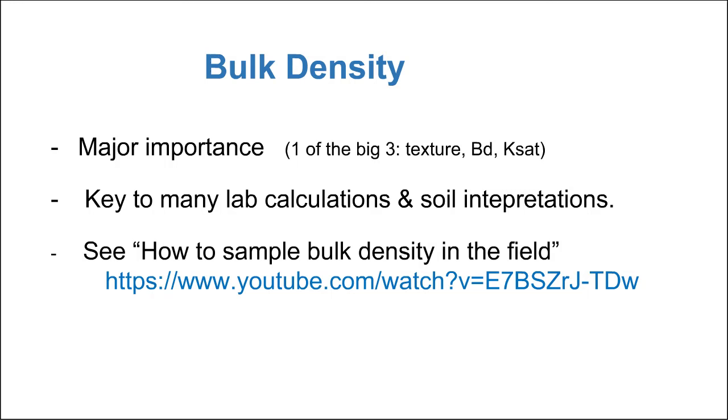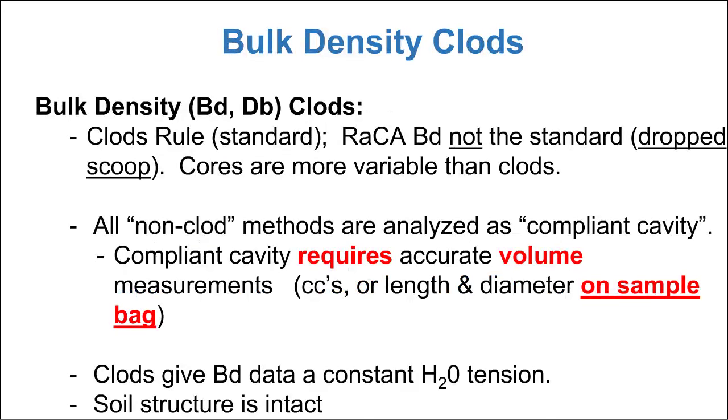And there is a YouTube video on bulk density sampling that is listed here at this link. And for bulk density samples, the best that we have still is clods. In RaCA, we were using compliant cavity and scoops, which is another form of it.